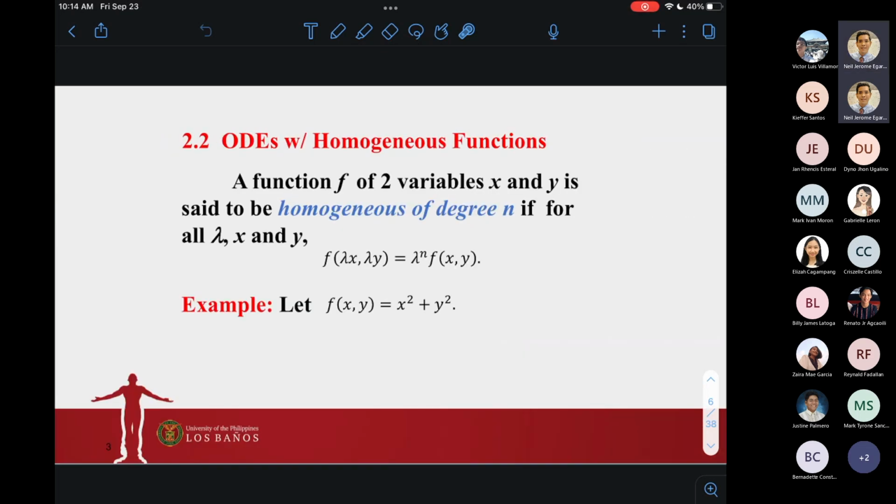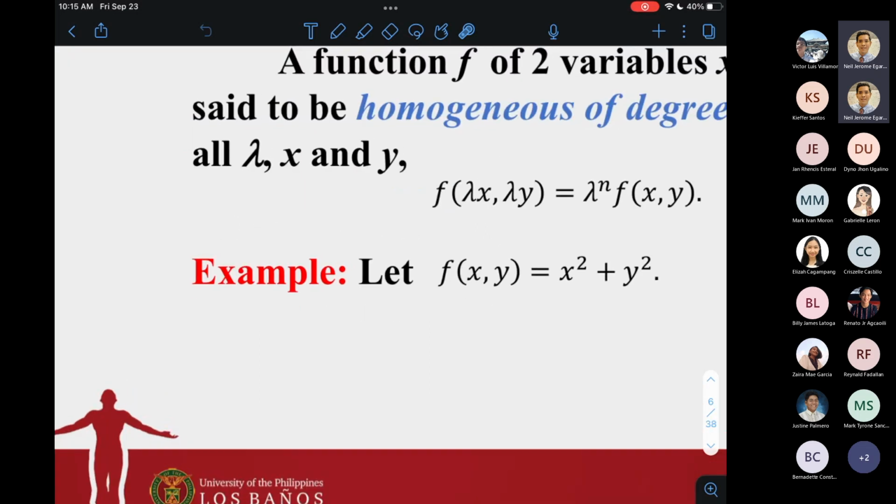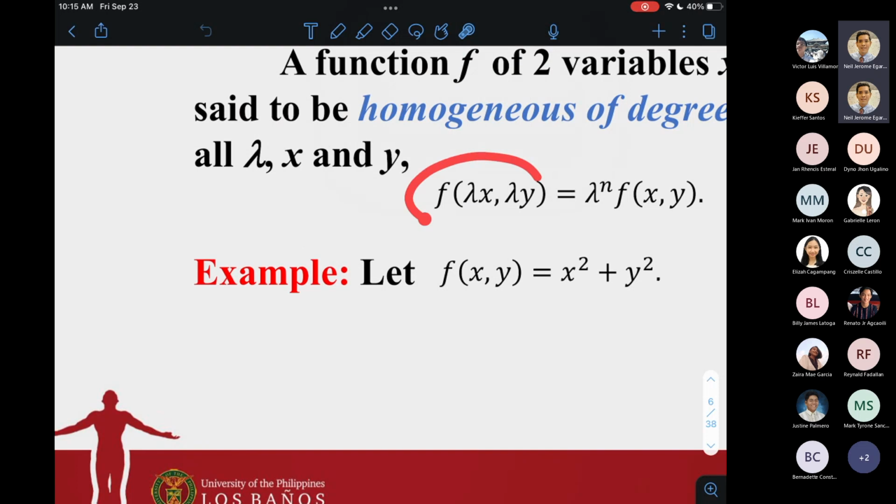So for instance, our function is x squared plus y squared. And we want to show that this is a function of 2 variables that is homogeneous, of what degree, we'll also see through the solution. Okay. So what I'll do here is I'll first try to see this. Okay. Palitan ko lahat ng x's at saka lahat ng y's by lambda x and lambda y.